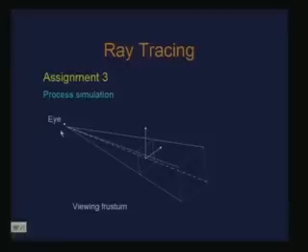So what we are trying to look at as a process of simulation is such a viewing frustum now in the world coordinate system, because you are going to perform the intersection in the world coordinate system. That is where it is going to be slightly different from what you did for the viewing pipeline.